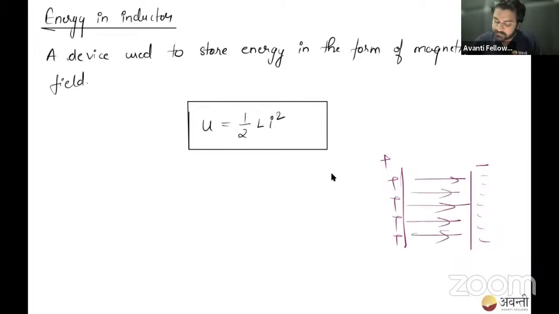Energy stored in the capacitor is half CV square. Do you remember? This inductor is also an energy storage device. It stores energy in the form of a magnetic field, while a capacitor stores energy in the form of an electric field. So how much energy is stored in the inductor? Half L i square, where L is the self-inductance and i is the current. Please note it. Another formula.